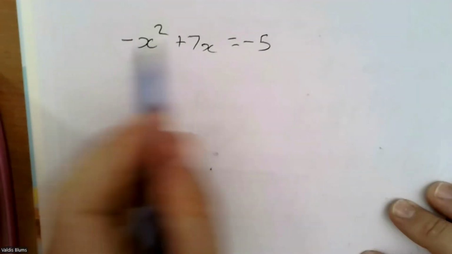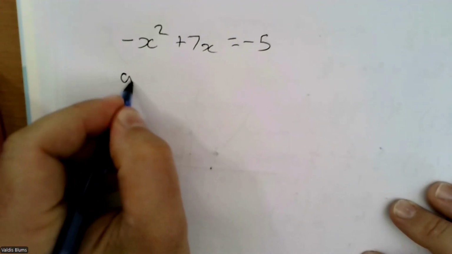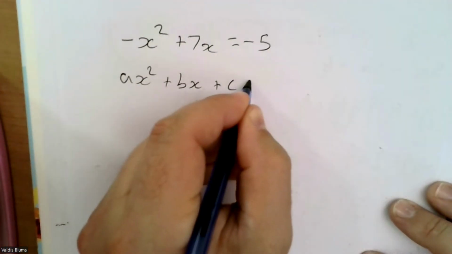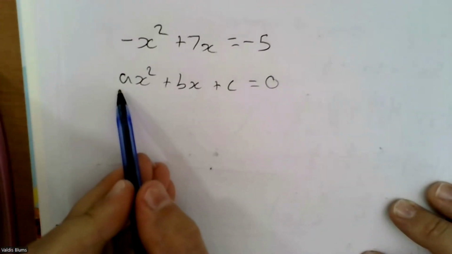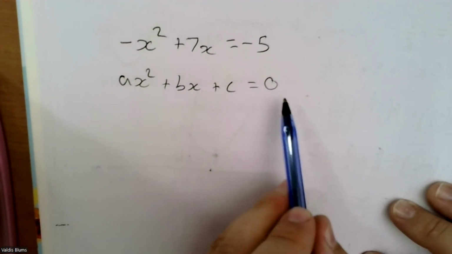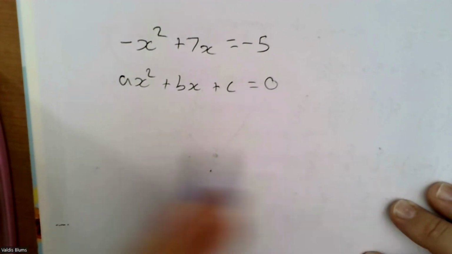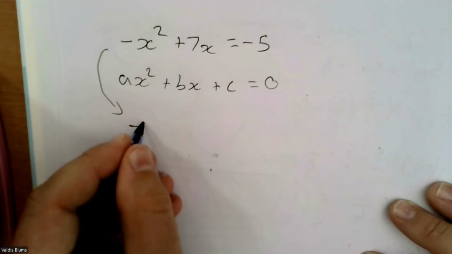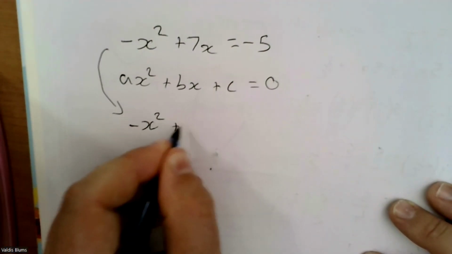Now, when you have a question like that, you again want to get it into the form of ax squared plus bx plus c, and you want that to equal 0, because remember that quadratic equation is derived for y equal to 0. So your first step in a question like that would be to arrange it into that form.